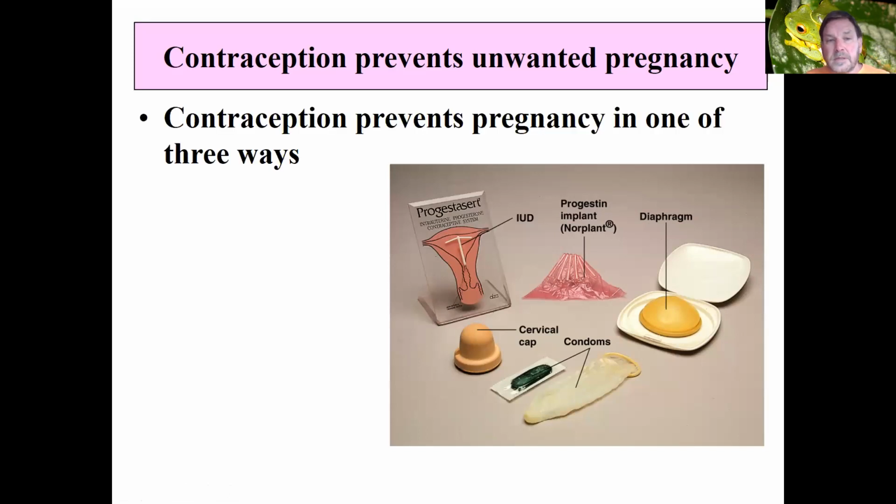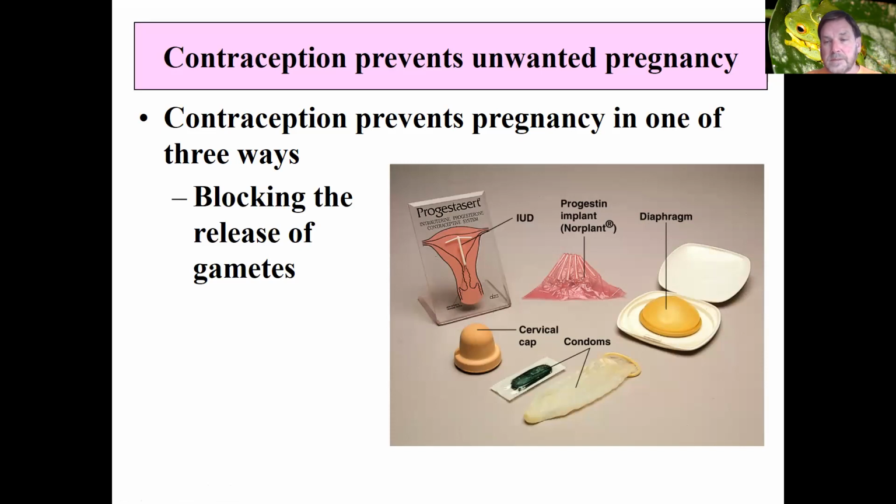To prevent fertilization, there are different ways of contraception. You can block the release of gametes. You can have tubal ligation, which keeps the egg from moving down the fallopian tubes or oviducts. You can have a vasectomy for males, which clips the vas deferens, so sperm cannot get to the penis.